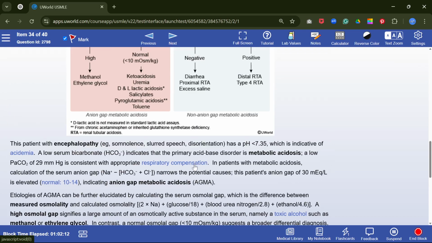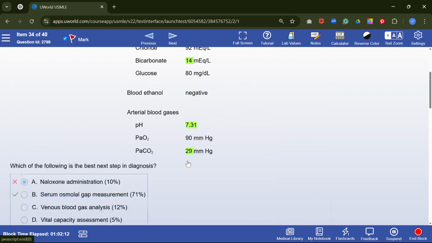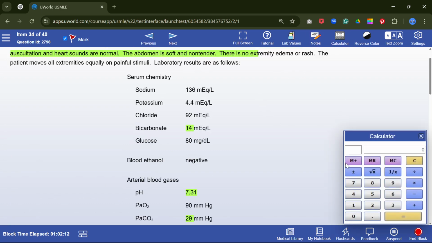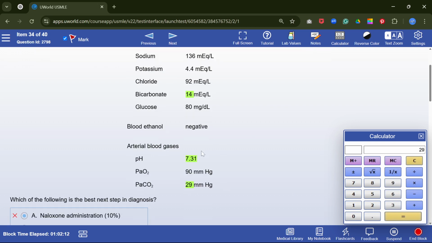Winter's formula is 1.5 into bicarbonate, 1.5 into 14, plus 8, plus or minus 2. So it is 29.